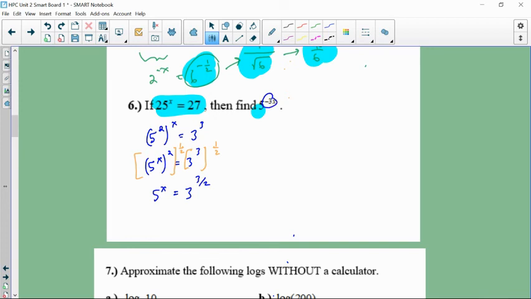Now we just need to get a -3. So I could raise both sides to the -3 power. I could raise this side to the -3 power, because that would introduce that -3x. So then I raise this to the -3 power. So then I could get 5 to the -3x is equal to 3 to the -9/2 power.